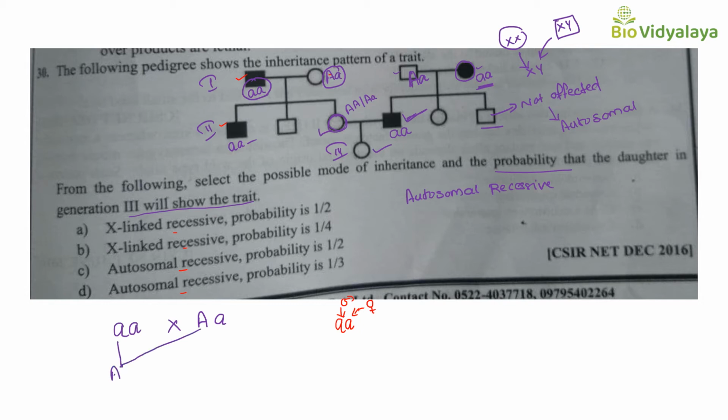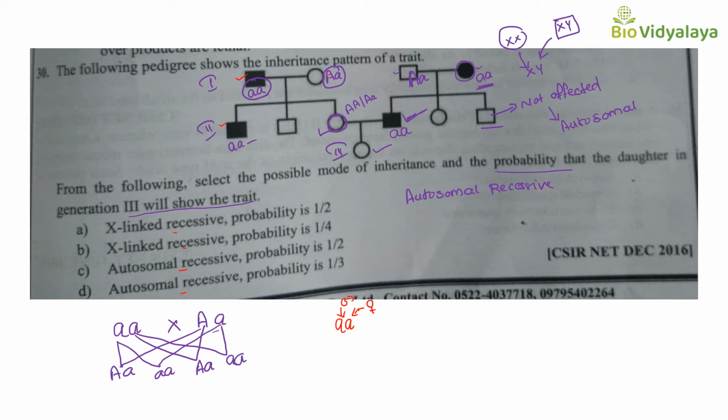The offspring are capital A, small a; small a, small a; capital A, small a; and small a, small a.